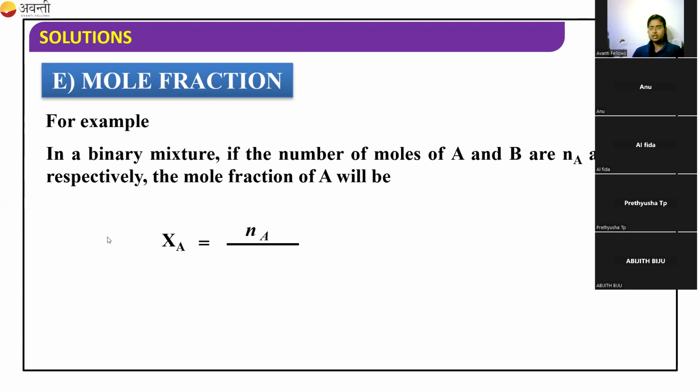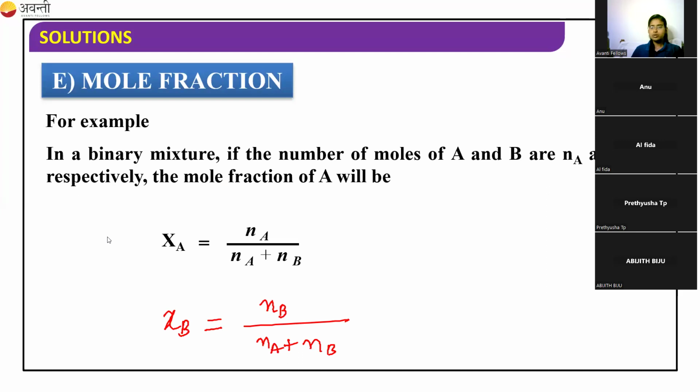We have only two components, so the total number of moles is Na plus Nb. Is this clear now? If I want to find Xb, what will be the formula? Number of moles of B divided by the total number of moles. That's all. Very easy but very important. So this is the formula for the mole fraction.